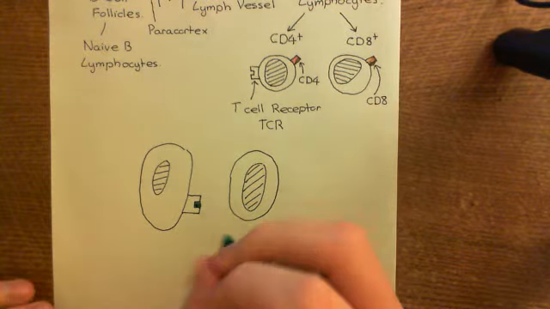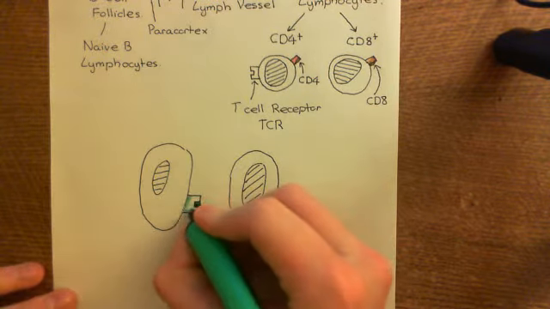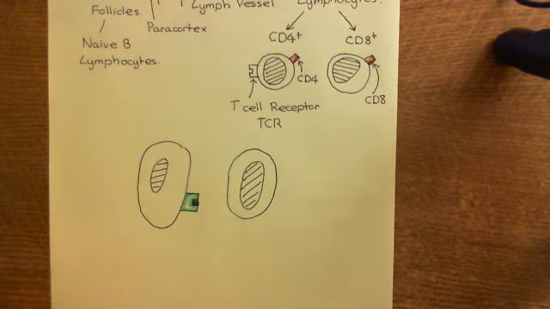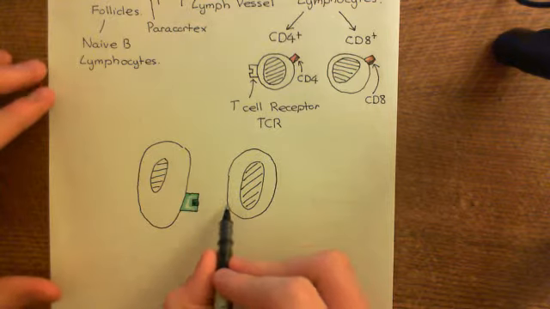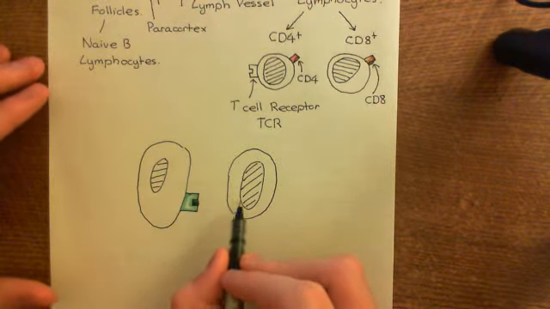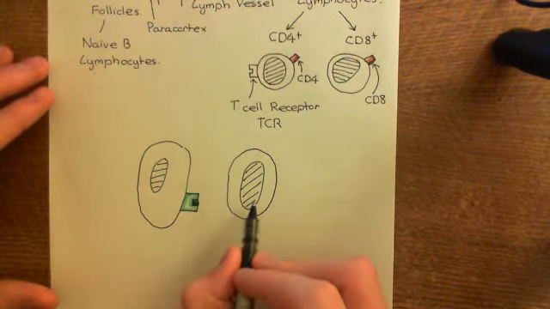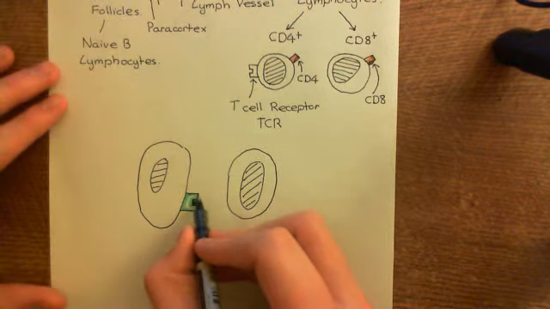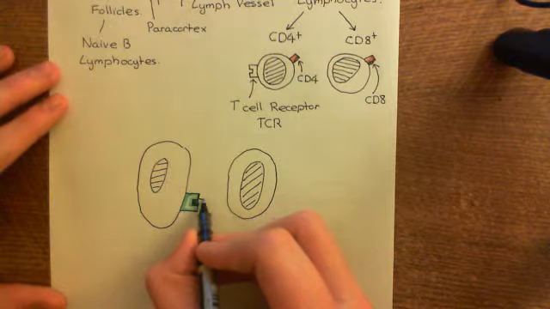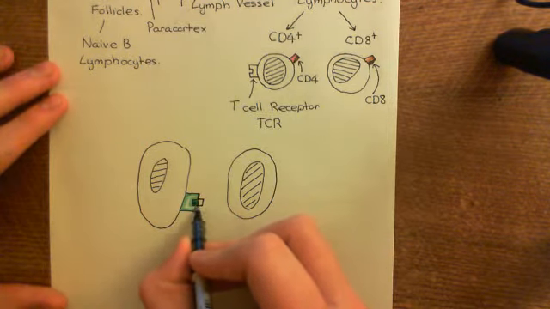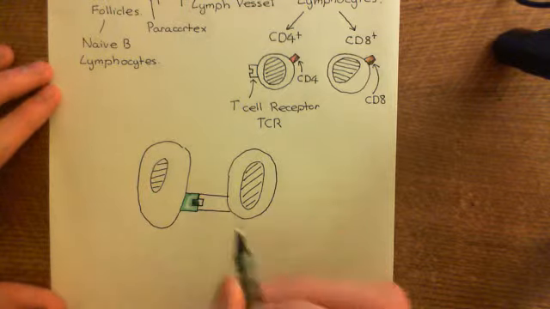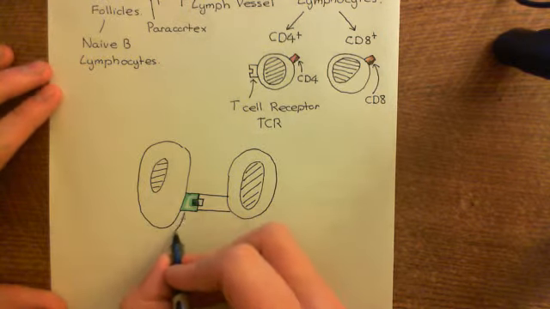We'll have MHC class 2 in green here, okay, and it's now presenting this antigen fragment to this T cell, and let's say this CD4 positive T cell has a complementary T cell receptor, and the T cell receptor is going to have grown somewhat just to fit everything in. Okay, so there is our T cell receptor. So let me label things up.